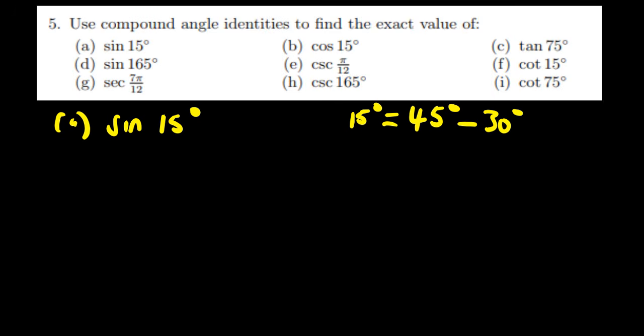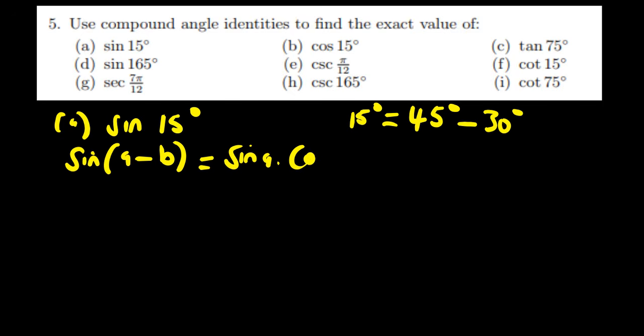So this is just the same as sine of A minus B. Okay, and you know that sine A minus B is just the same as sine A multiplied by cos B. Then you're going to have your minus. Now it will be cos A multiplied by sine B. So that's what we're going to do.